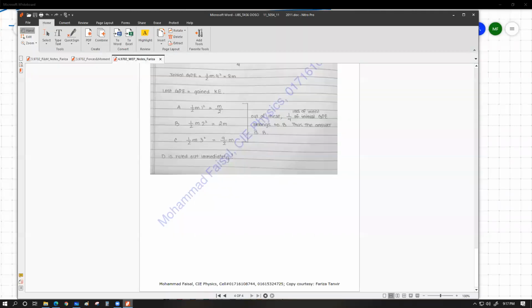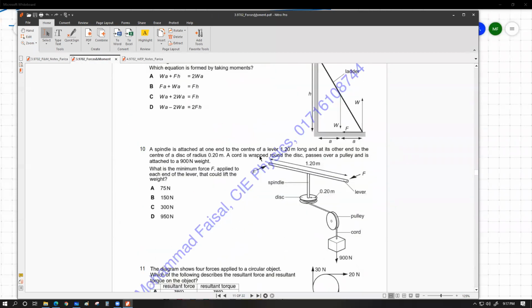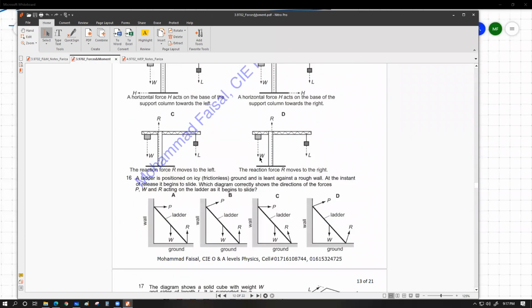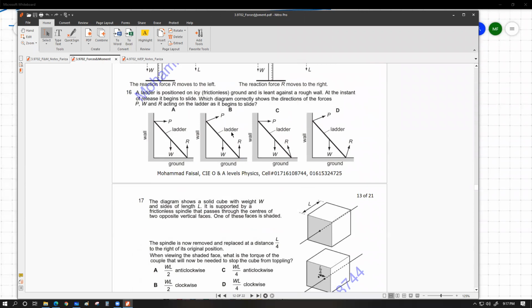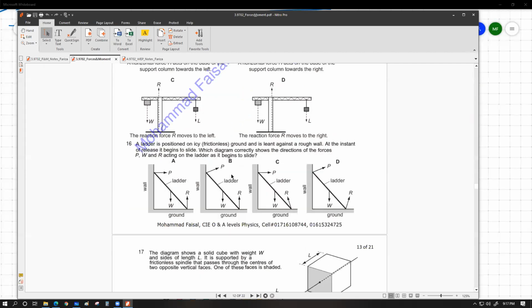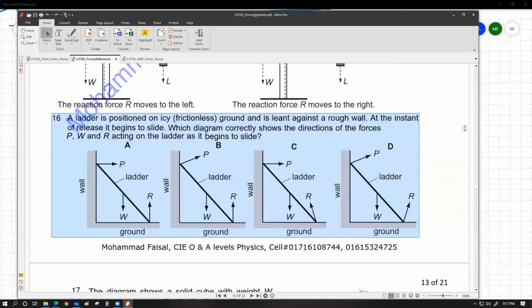But before I allow you to copy this thing, I'd like to show you one MCQ that is relevant for this question, which is right over here. Question number 16, the latter case. Let's have a look at this MCQ.